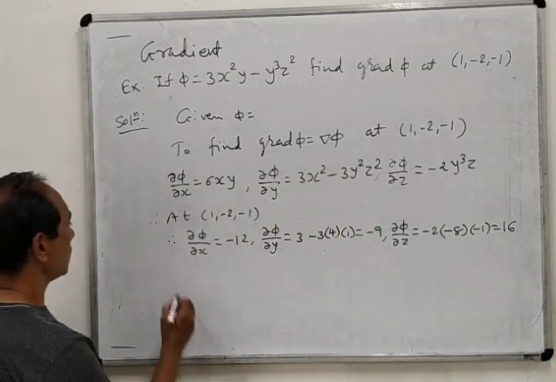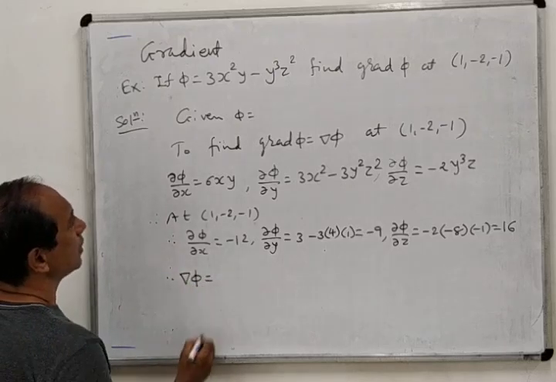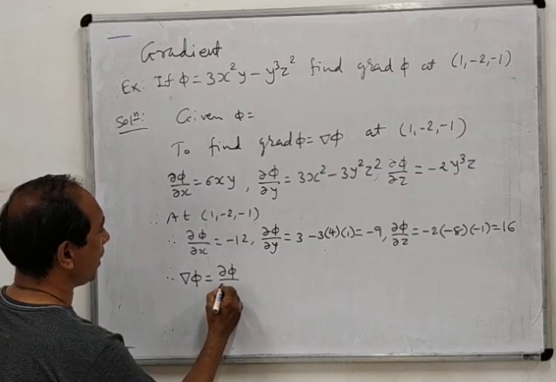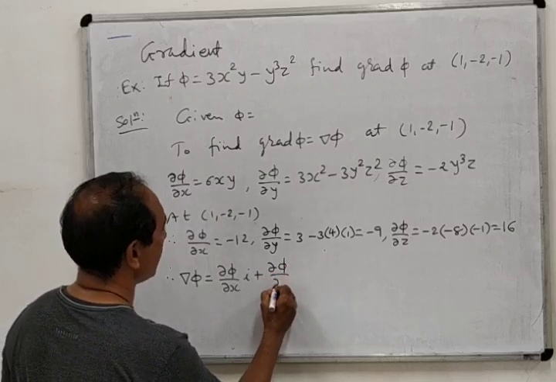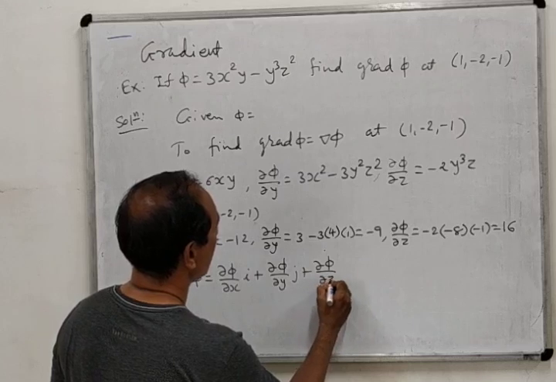Therefore our gradient phi, by the formula, is del phi by del x into i plus del phi by del y into j plus del phi by del z into k.